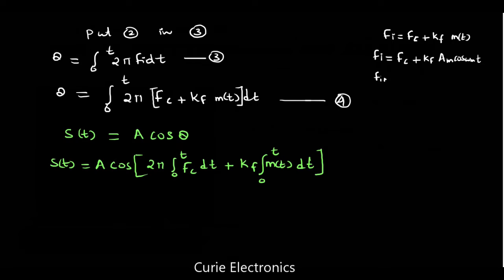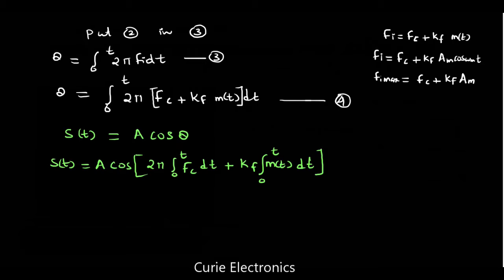So the instantaneous maximum f_i max equals f_c plus k_f A_m. So this cos omega_m t becomes 1. Now we got the f_i max value.